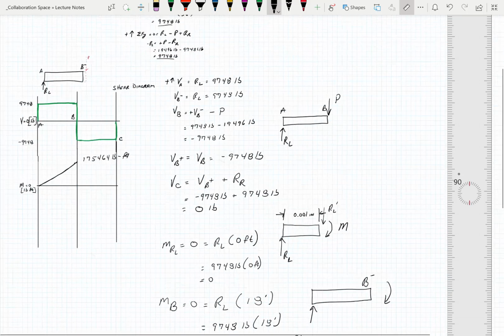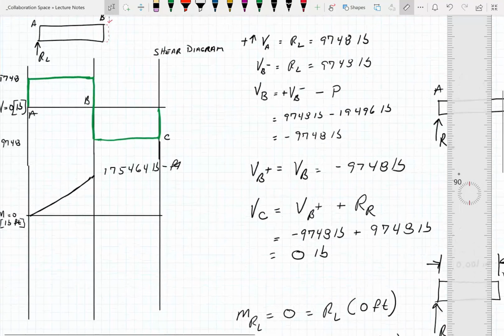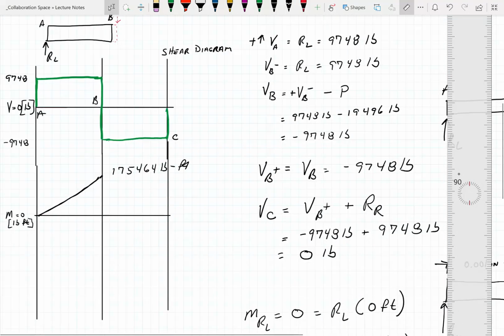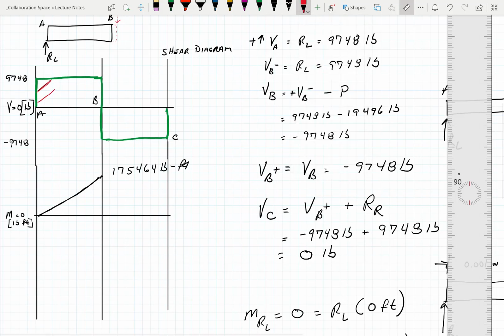Now here's one of the coolest things about strength of materials, and you may or may not like it, but I don't really think there's much I can do about it if you don't like it. The area, oops, let's use red. The area of the shear is equal to the value of the moment.